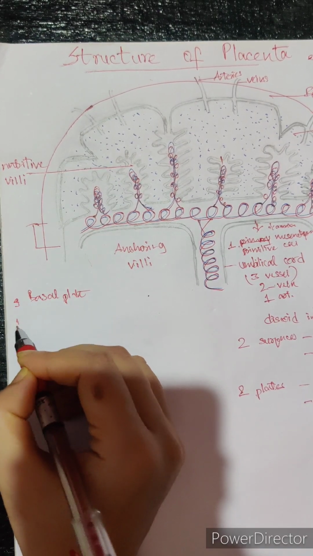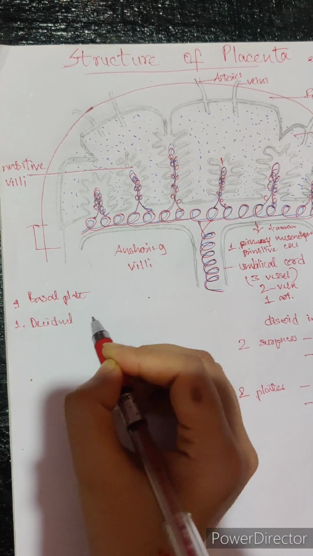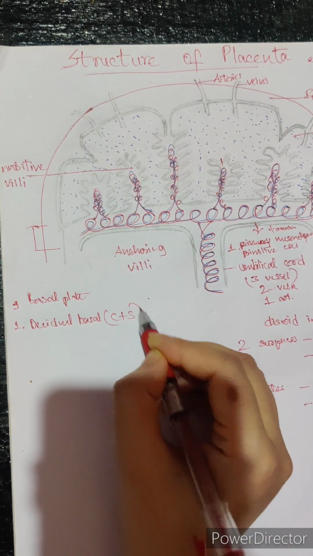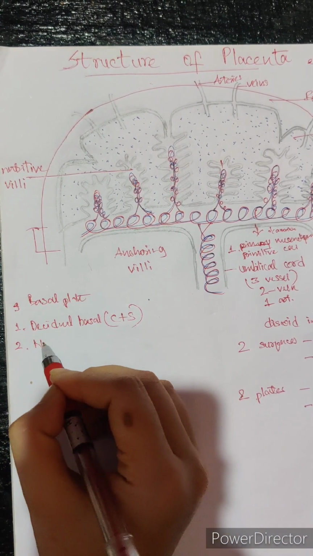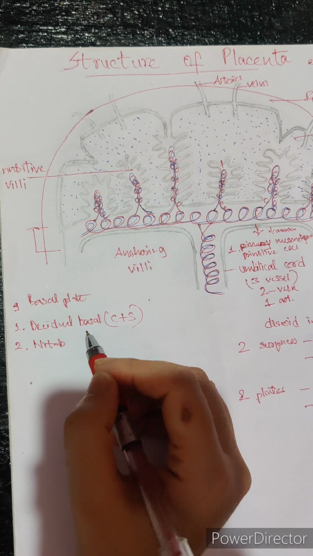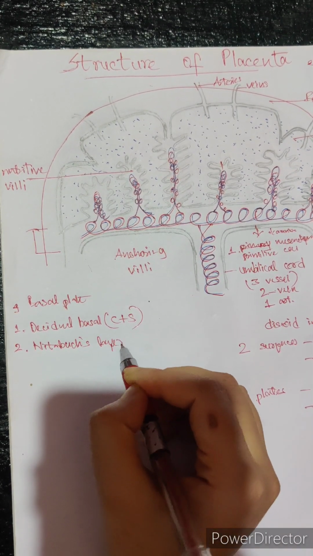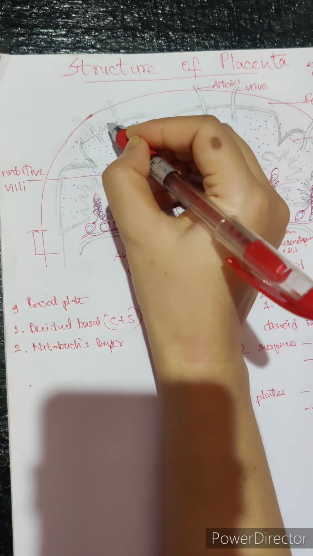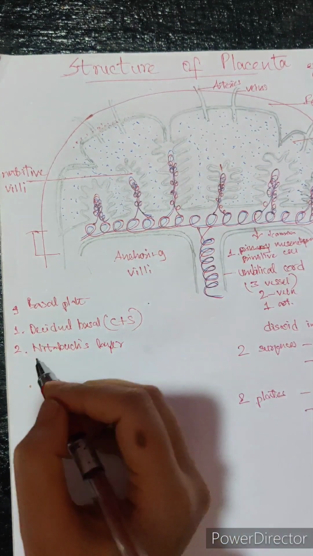The first is the decidua basalis, which is made up of your compact plus spongy layer, and the second is your Nitabuch layer. Here you'll find the Nitabuch layer. It is a layer of fibrinoid degeneration of the syncytiotrophoblast.